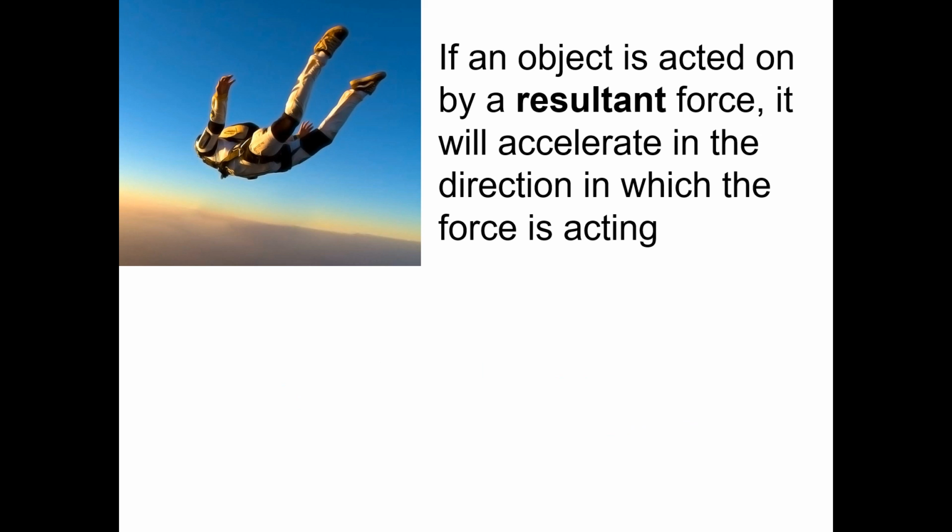If there is a resultant force, and here's our free body diagram showing that, they will be accelerating in the direction of that resultant force. It isn't enough to say moving, accelerating. And this is something called Newton's second law of motion.